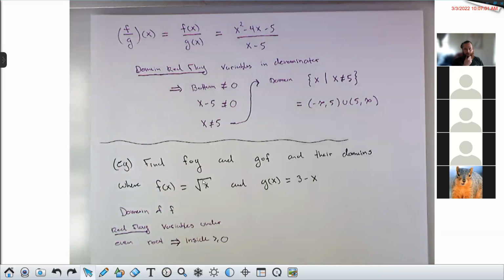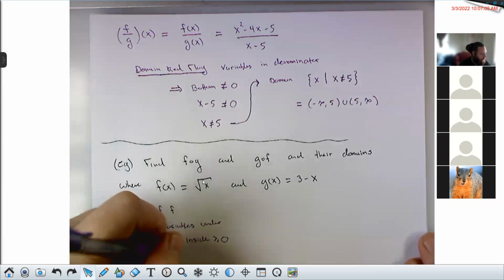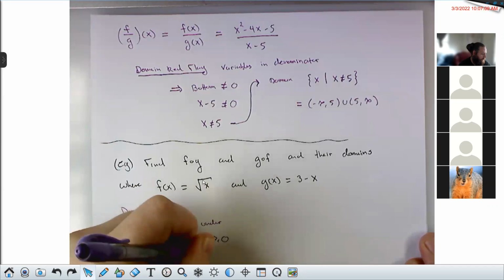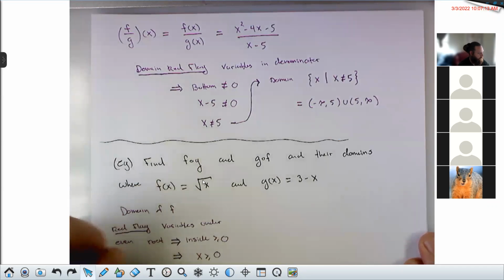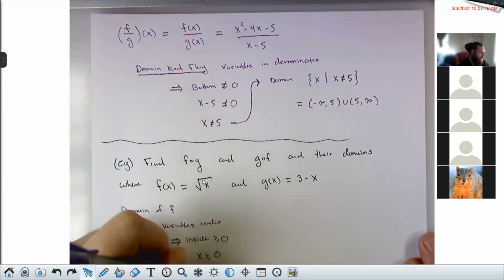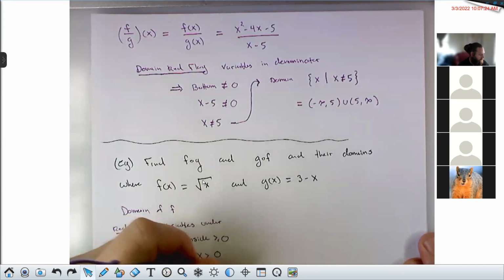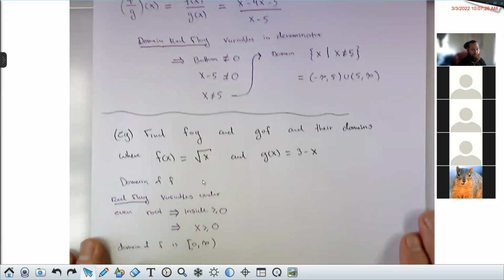That's the domain rule. So here that means x, that's the thing inside the root, x is greater than or equal to 0. So the domain of f is 0 to infinity, like this.